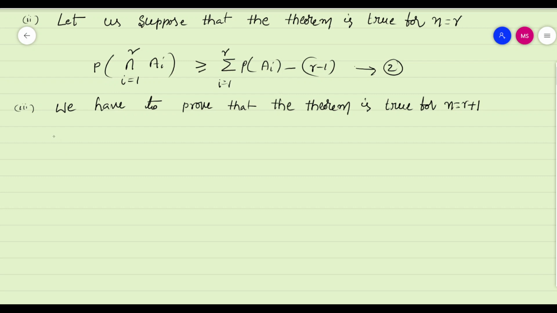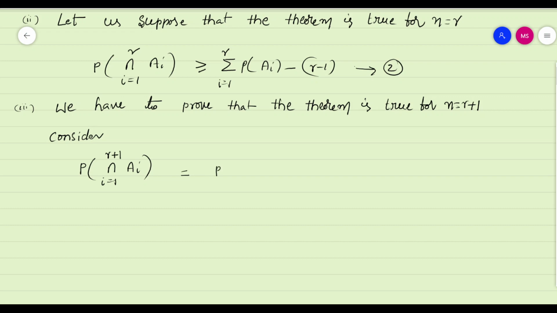Now consider P of intersection i running from 1 to r plus 1 of Ai.